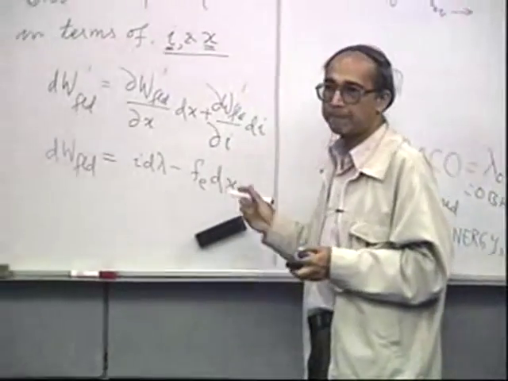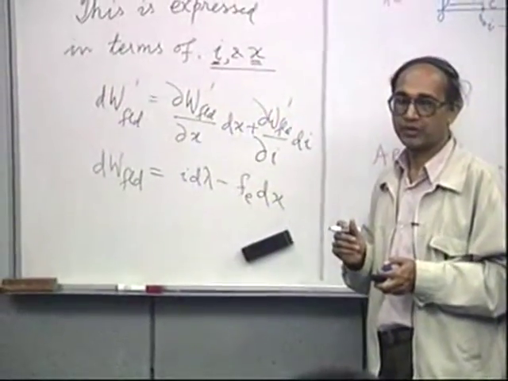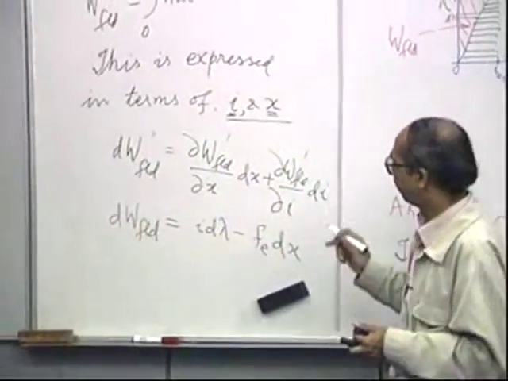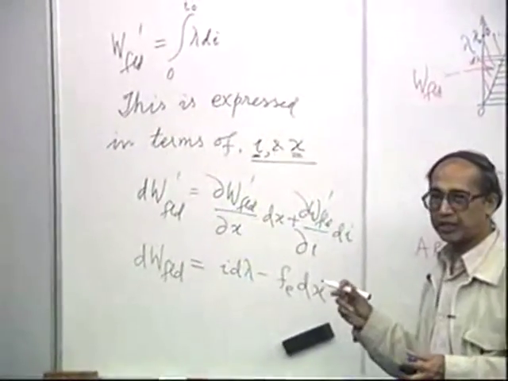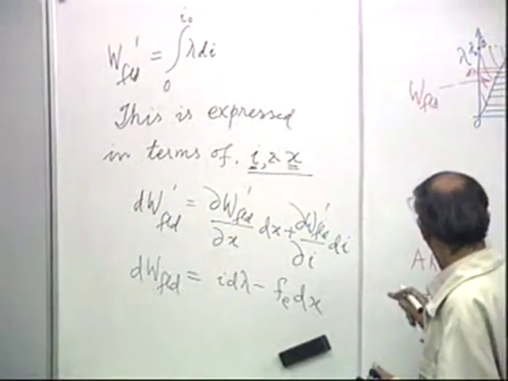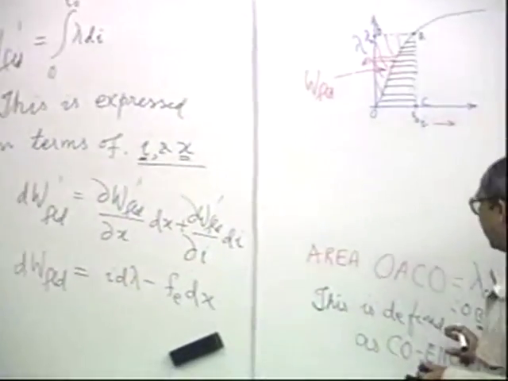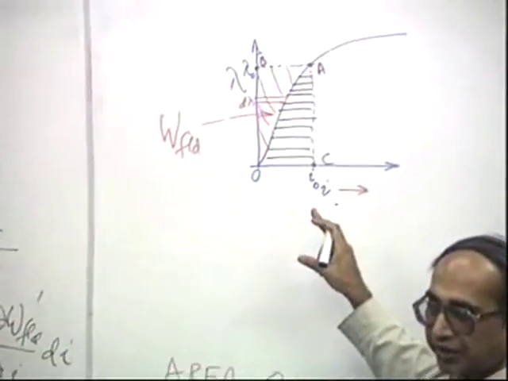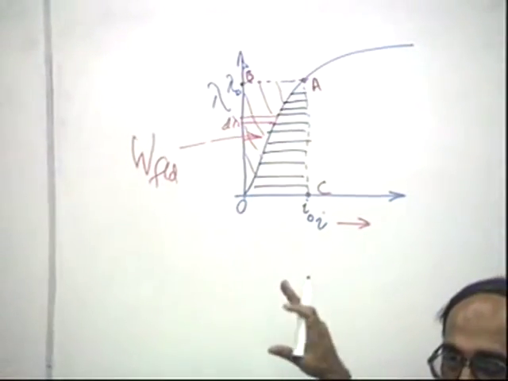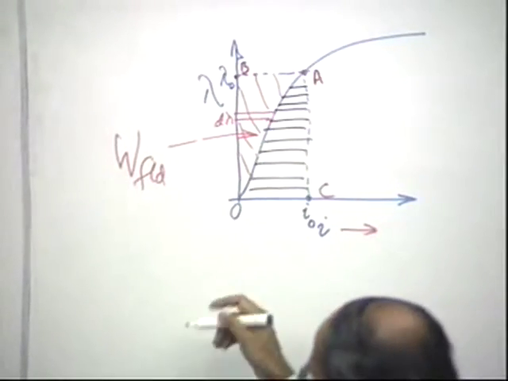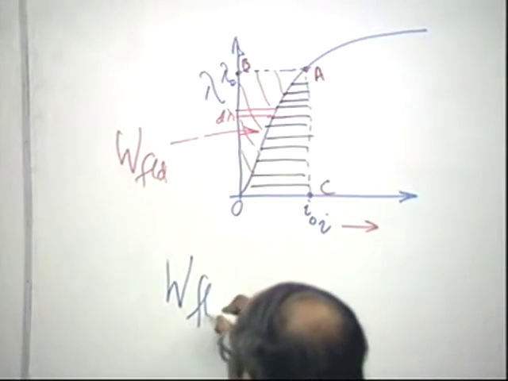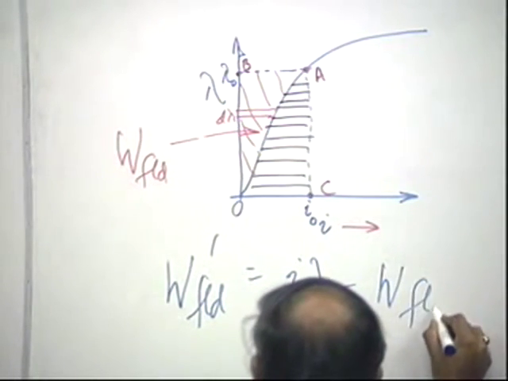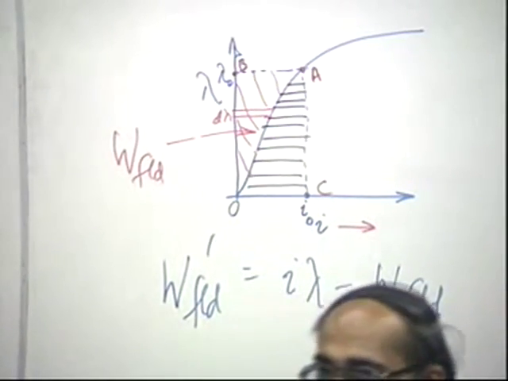Now let us go back to our definition that W field dash is equal to I lambda minus W field, right?